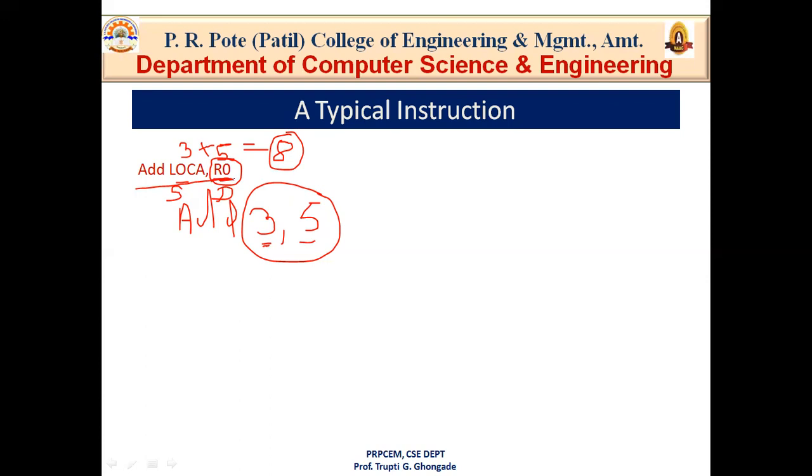So the original contents of location A are preserved. Why? Because 3 is already stored at location A, and after performing addition, the value of location A is still 3. But R0 is overwritten because the initial value of R0 is 5, but after performing addition the value of R0 is 8, because this R0 is your destination register.